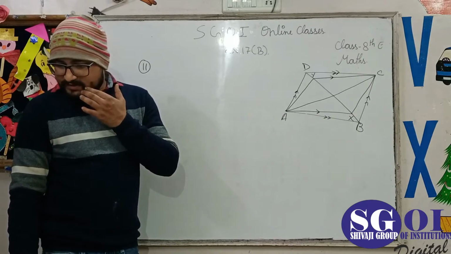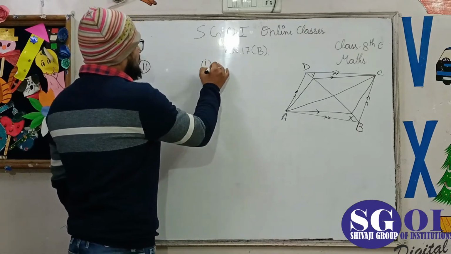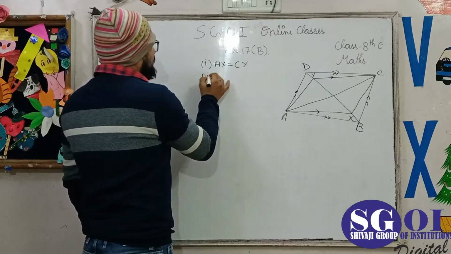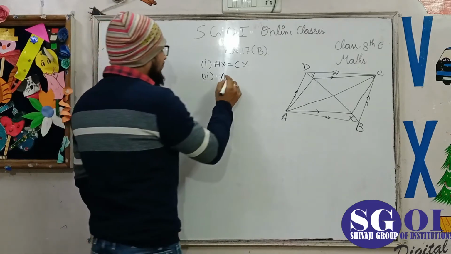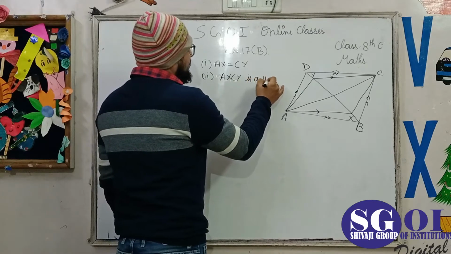Now you have to prove first of all that AX is equal to CY, and secondly you have to prove that AXCY is a parallelogram.